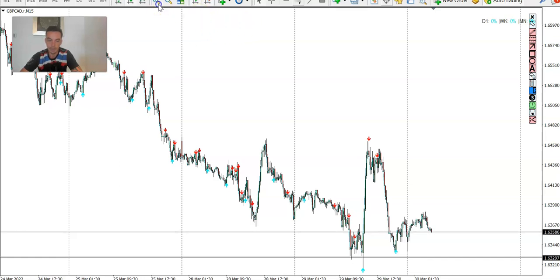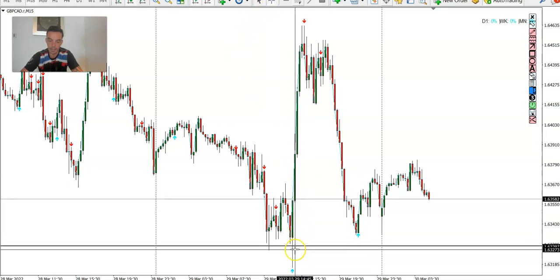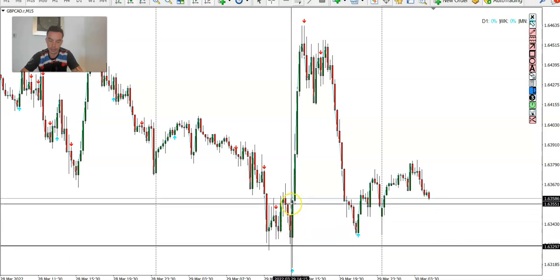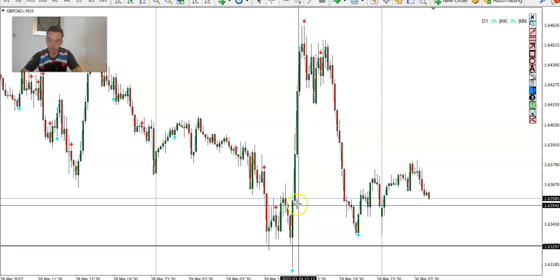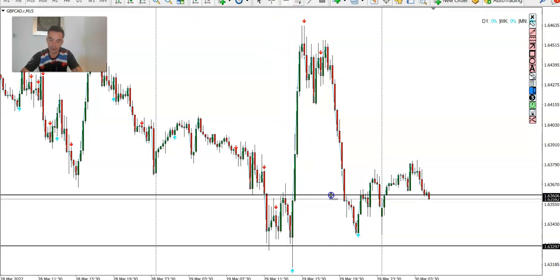But you can see the signal here. We're at the signal range here, and this candle closes, and we enter the position at the close of the candle, and there was no stopping this from taking off.